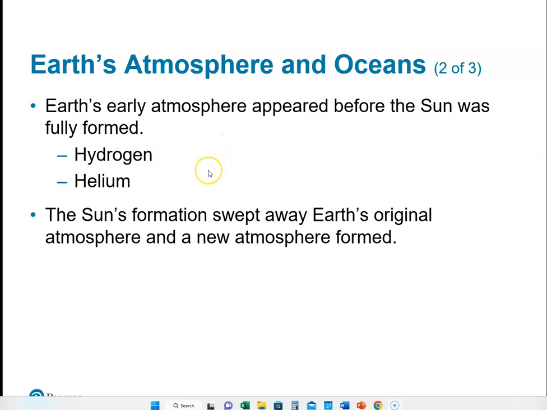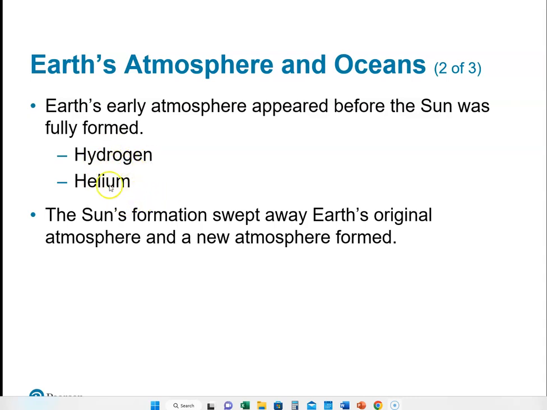That's how the stars generate their energy. Anyhow, when that happens, there are particles, sometimes charged particles, that come from the sun, and basically this is called the solar wind. The solar wind would blow away any hydrogen and helium atmosphere that the Earth would have.